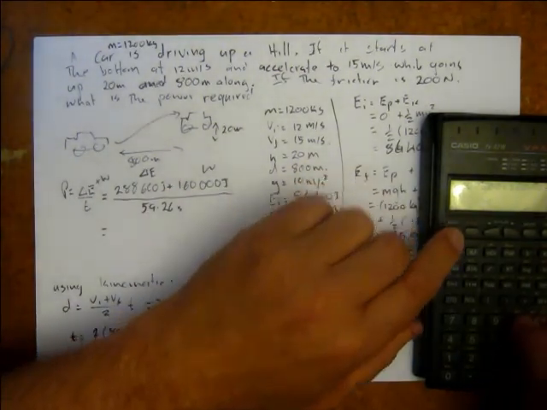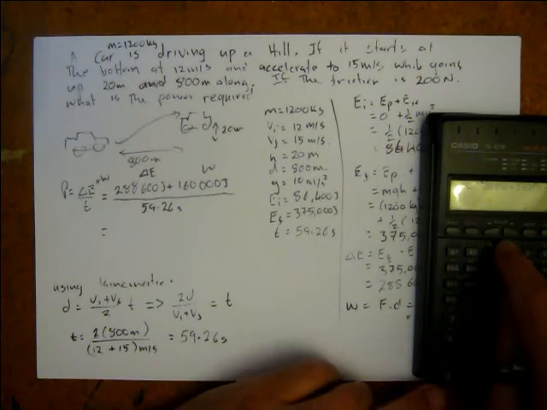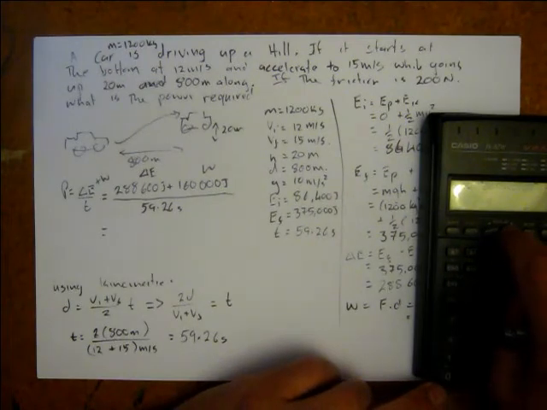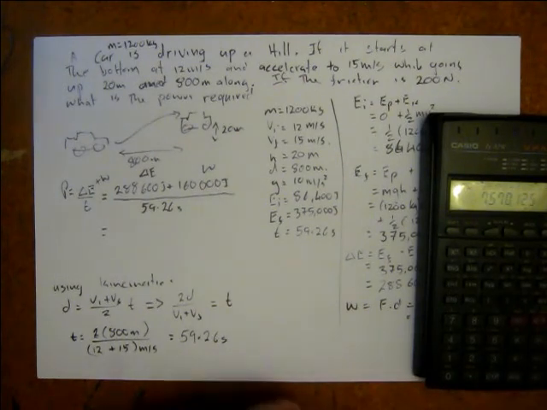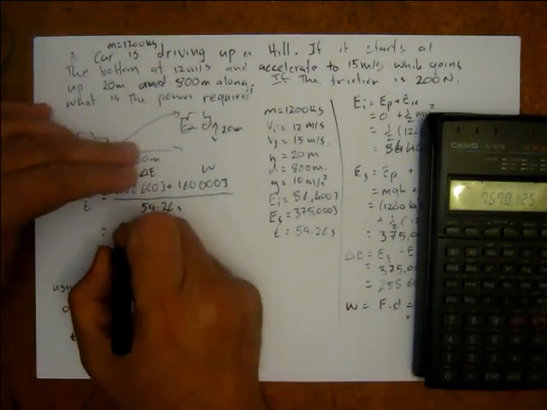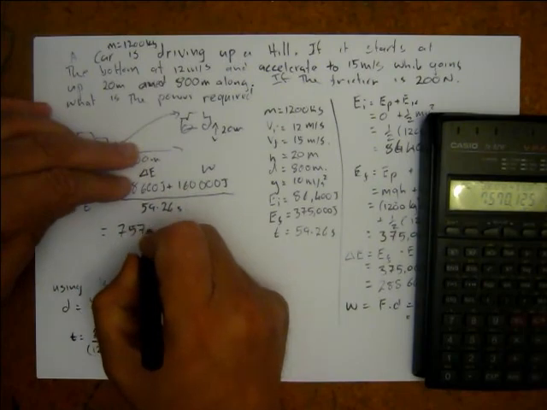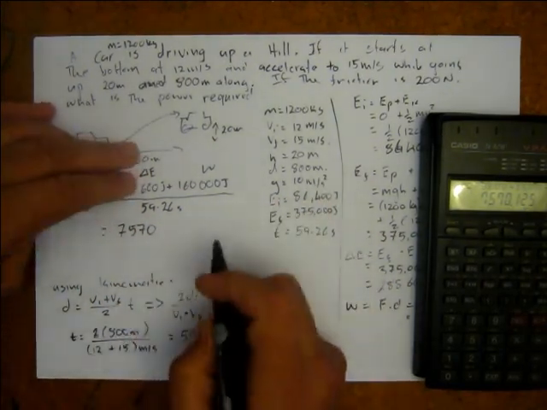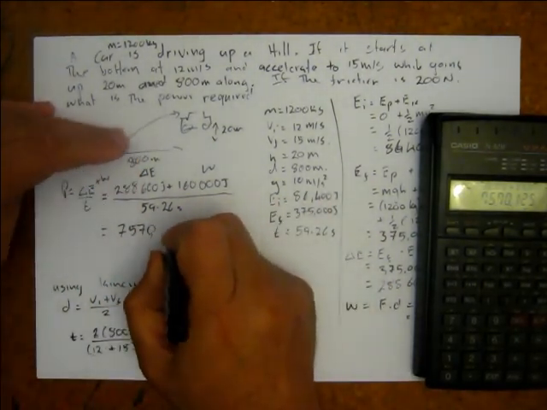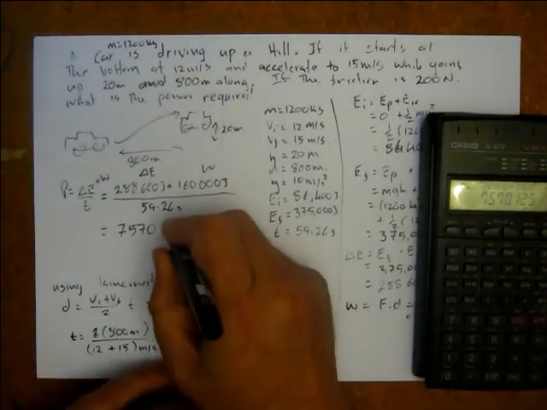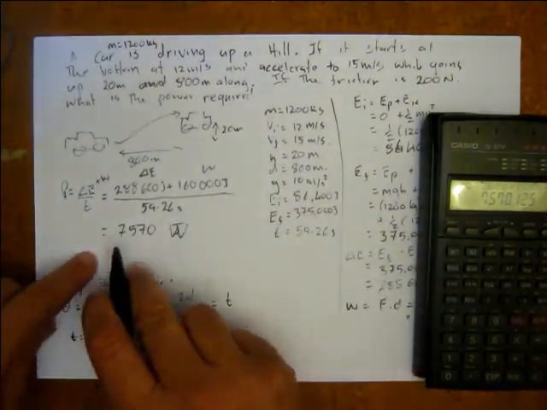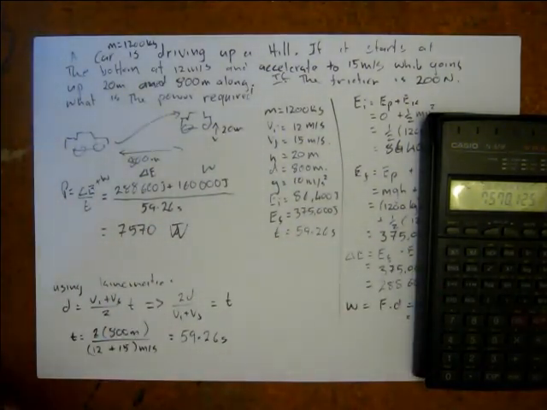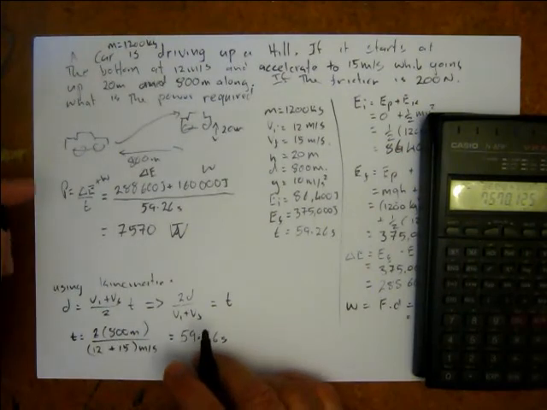Divided by the answer, 59.26, equals about 7,570 joules per second, which is watts. So that's 7.5 kilowatts of power.